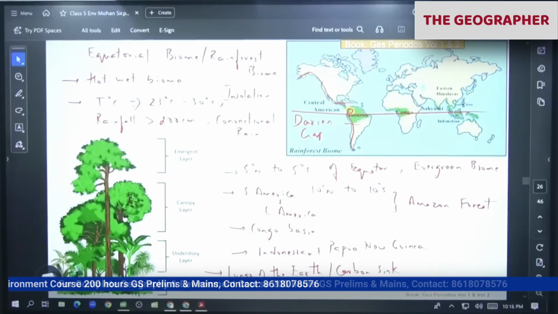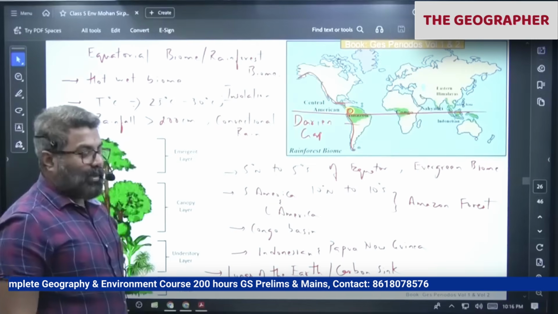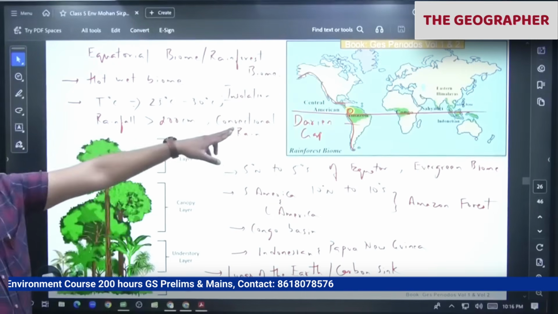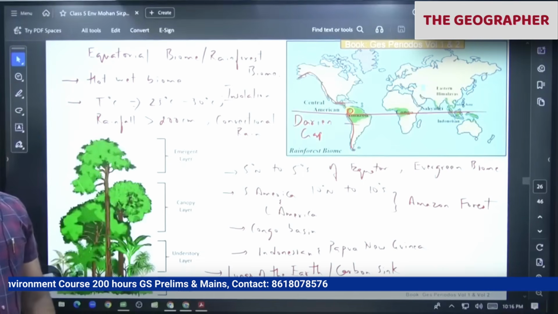See, this one we are talking about, the rainforest biome. Green color they have given. What is this green color? Rainforest. You got it? This is how you have to do. For those who don't have an atlas, I can't help you now. I have no other method. That is the reason you see this map, at least. You remember what we are talking about. Then only this topic becomes easy.